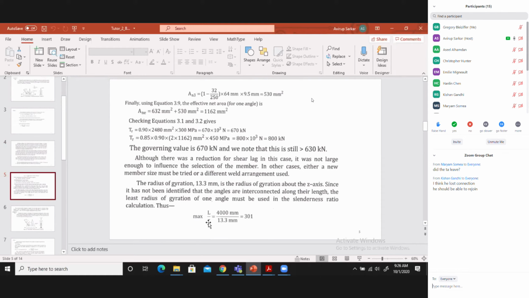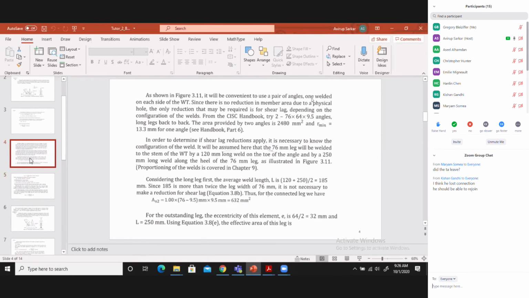So can anyone tell me any idea why for two angle sections we did not go for a combined R calculation, or we did not change this R value? We saw here that the R value, R minimum 13.3 was for one angle, and though we are using two angle sections, we chose for the slenderness ratio calculation only one section.